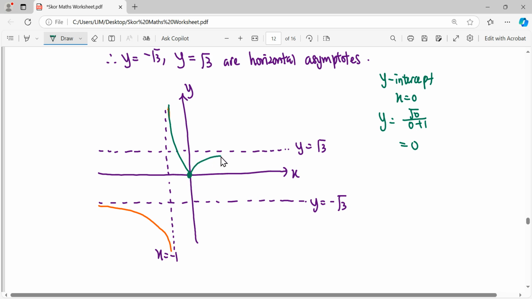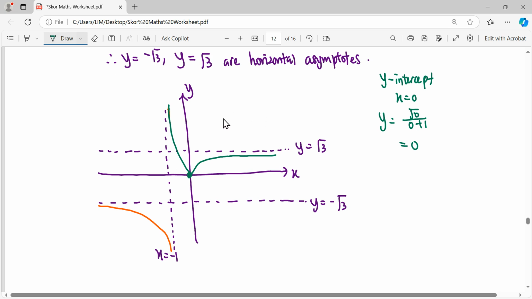Alright, so it will approach surd 3 like this. If you make your concavity downward like this, it will be very weird. So either it will be concave outward or concave downward. If you do concave outward, it seems like you want to intersect with your asymptote. So that's why we will do approach y equals surd 3.